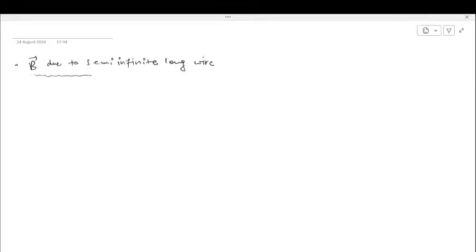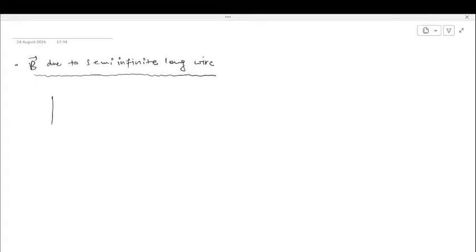Now we can check the magnetic field due to a semi-infinite long wire. Semi-infinite means one end of the wire is at infinity and the other end is at a finite distance.